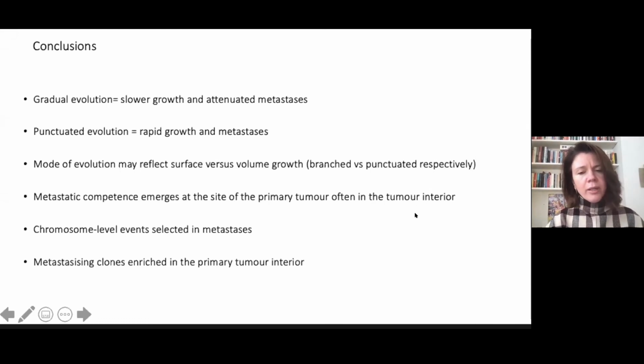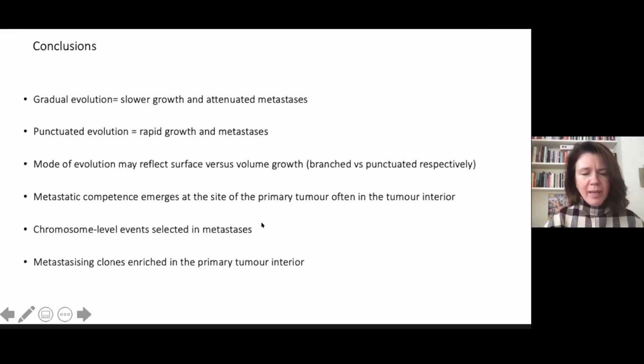And I've shown you that the conditions in the center of the tumor seem to favor selection of metastatic competence. And this metastatic competence, certainly, again, in this setting, seems to be underpinned by chromosomal level events rather than gene mutations.